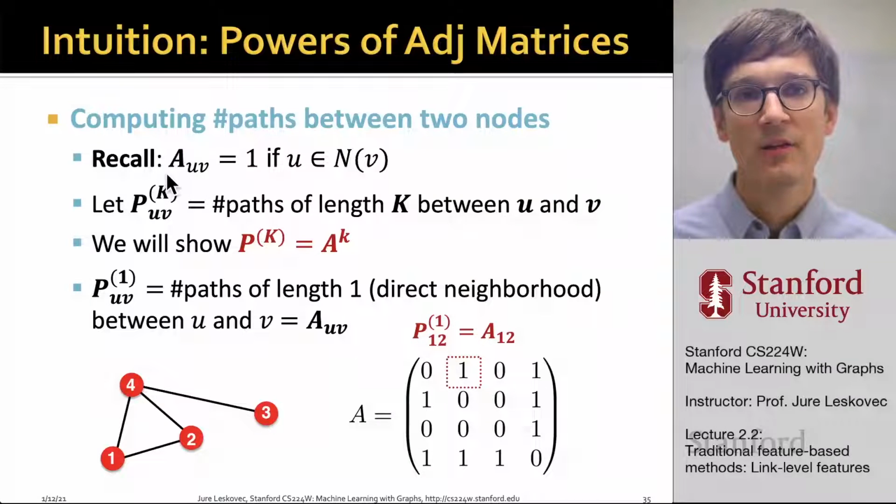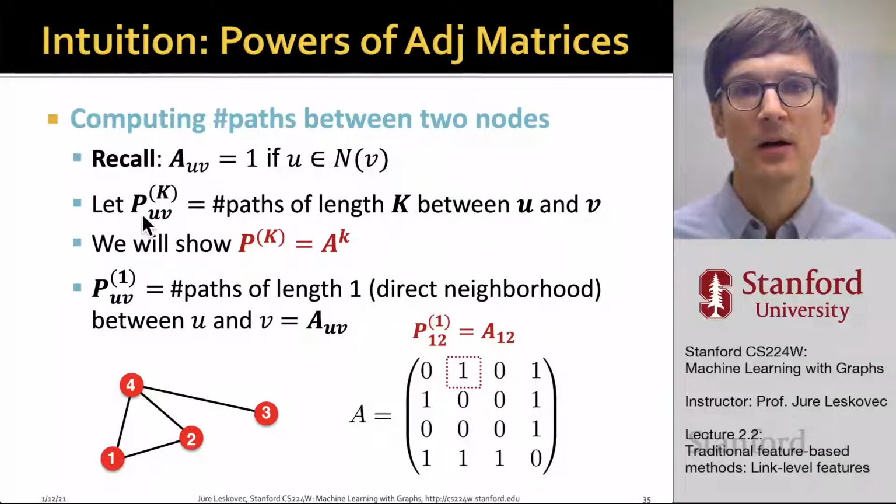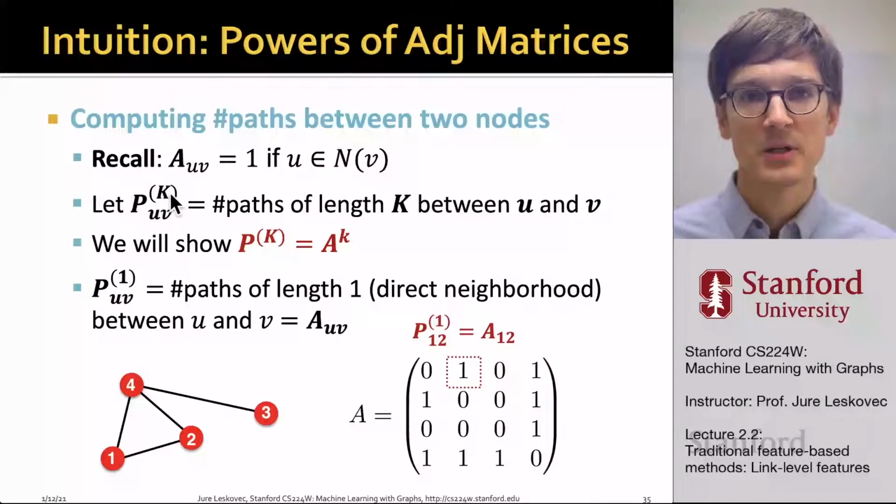First, recall the graph adjacency matrix has a value 1 at every entry uv if nodes u and v are connected. Then let's say that P_uv superscript K counts the number of paths of length k between nodes u and v.